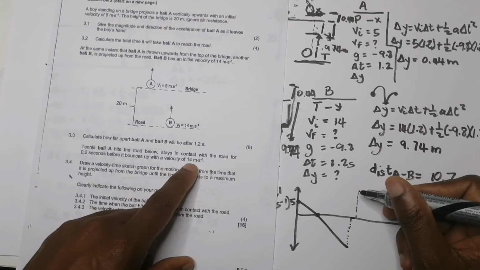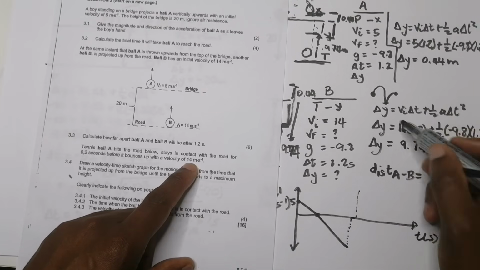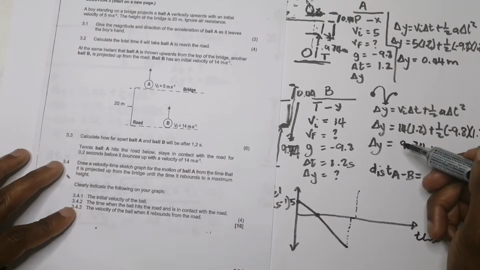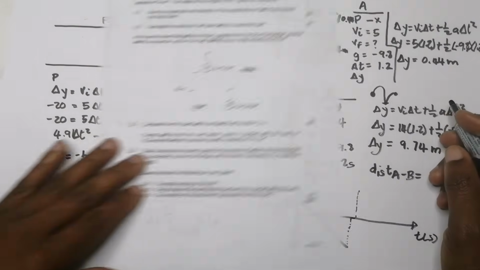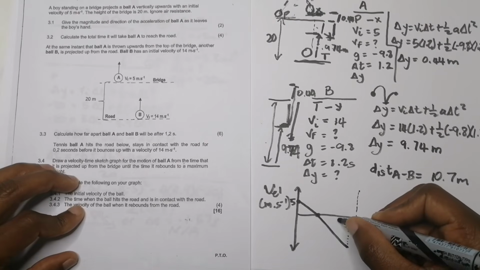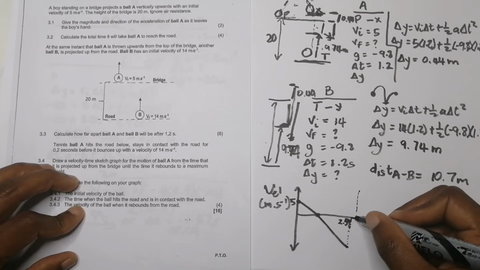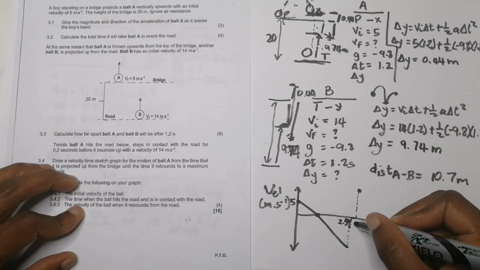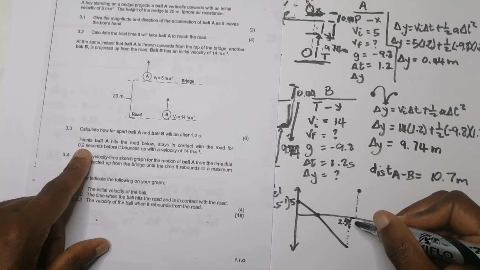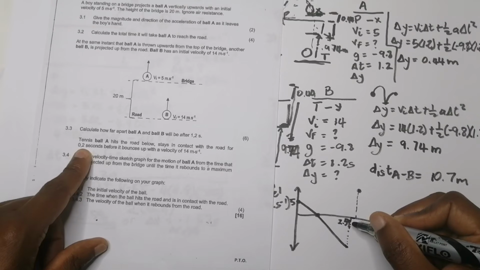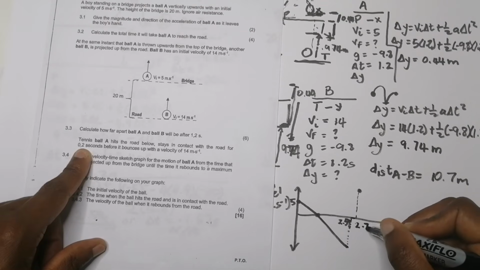Whatever time it took to get to the ground, and remember, what was that time? It got to the ground after 2.59 seconds. So if that's my time, what will be the time with which it leaves the ground? Of course, it will be 0.2 seconds later, because that's what they said. So 2.59 plus 0.2 will be 2.79.